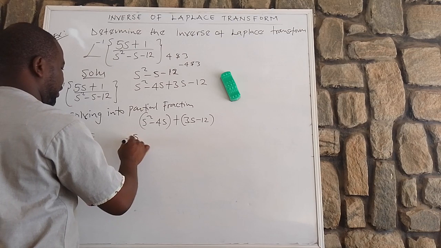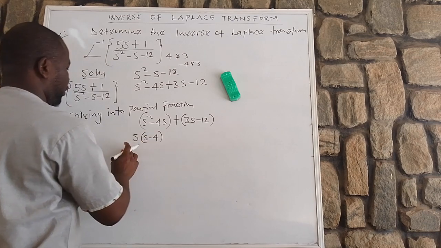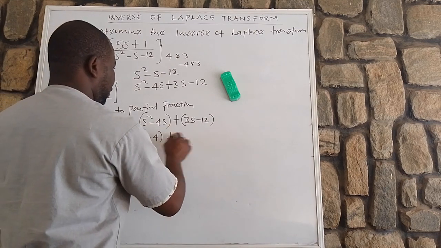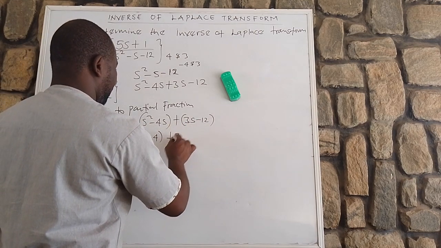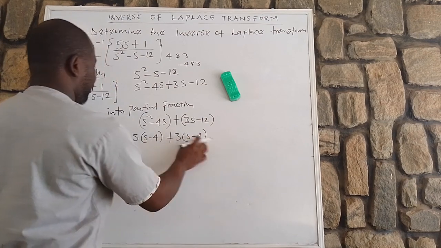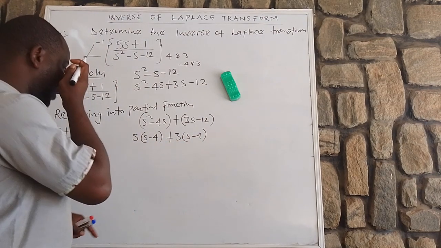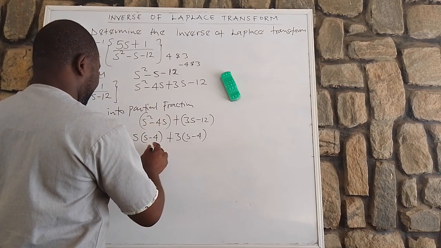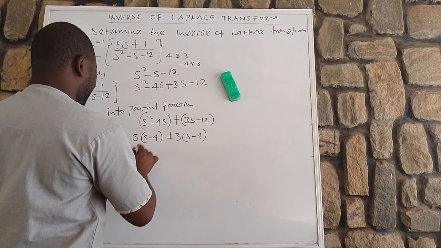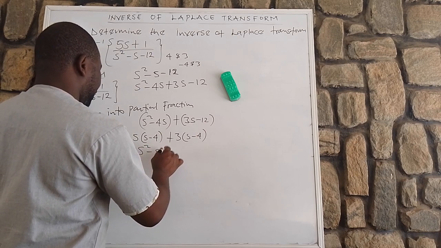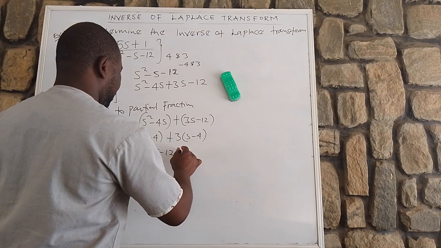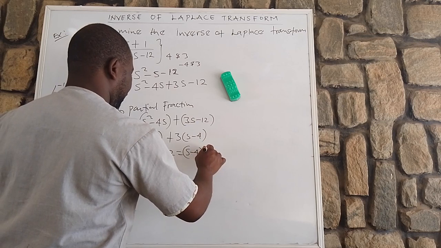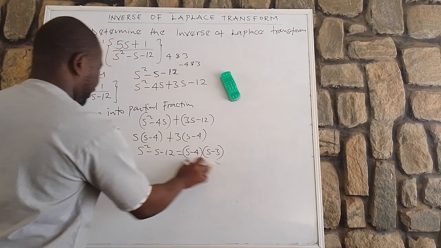What is common here? s minus 4, true or false? By the time you multiply out this, you still get back this bracket. Then plus what is common here? 3, true or false? 3(s minus 4). You discover that the brackets, two of them are the same, so you pick one of them. So s squared minus s minus 12 is the same thing as (s minus 4) times (s plus 3).